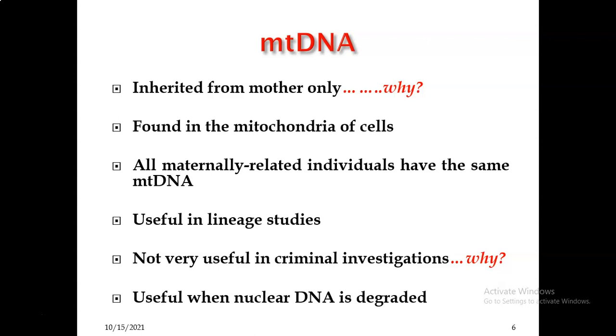So each and every one from the same maternal line has the same mitochondrial DNA. This makes it useful in lineage studies. And also, mitochondrial DNA is not very useful in criminal investigations.